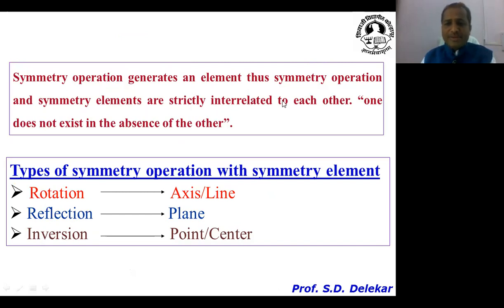If you want to rotate a molecule, you first consider the axis or line passing through the molecule. If you want to reflect a molecule, you first consider a plane within it. If you want to invert a molecule, you consider a point or center within it. So symmetry operation and symmetry elements are interrelated, and one does not exist in the absence of the other.